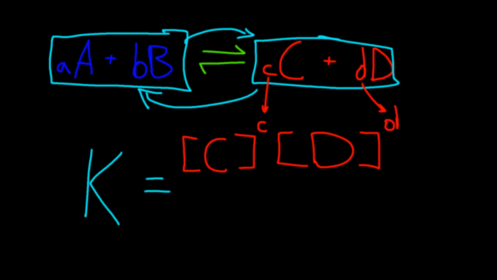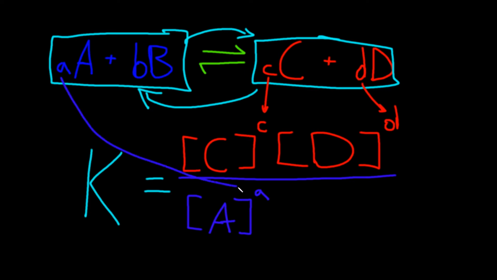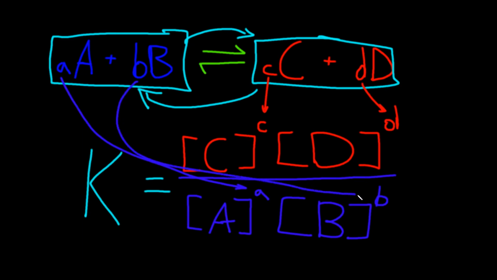And you'll put that over your reactants. So the concentration of reactant A to the power of a, or your amount of moles of A, times reactant B to the power of b, or your amount of moles of B.